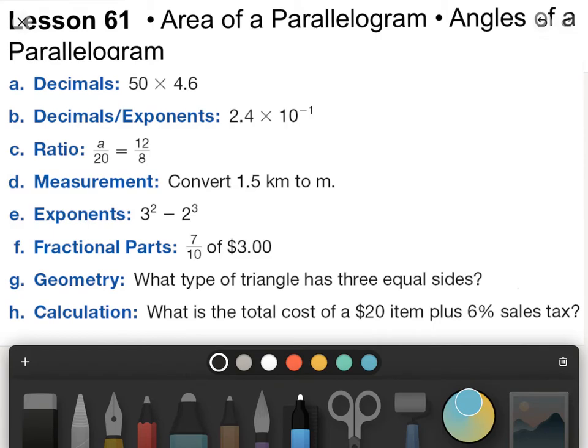Alright. Lesson 61. Area of a parallelogram, excuse me, and angles of a parallelogram.